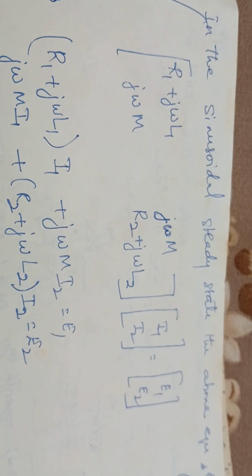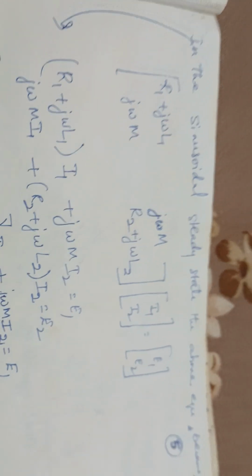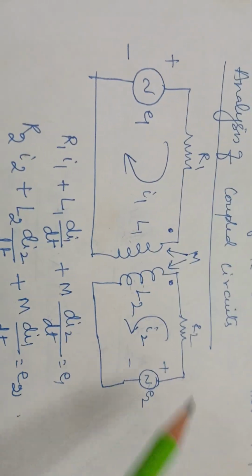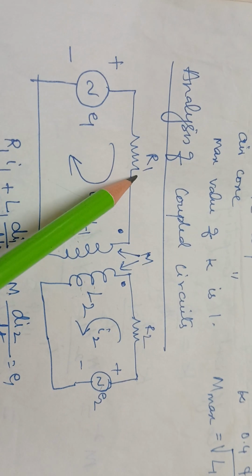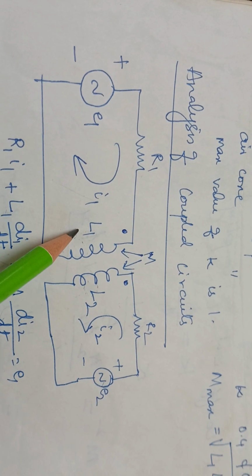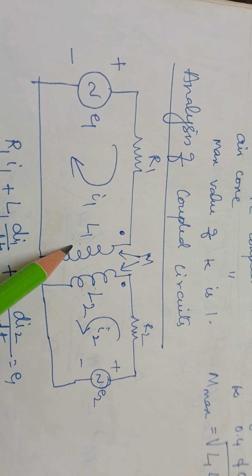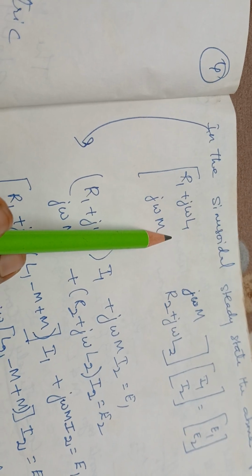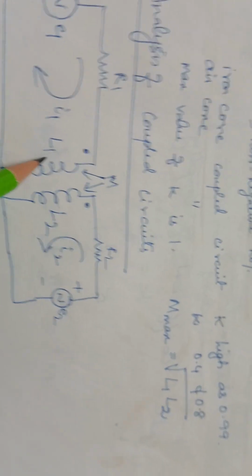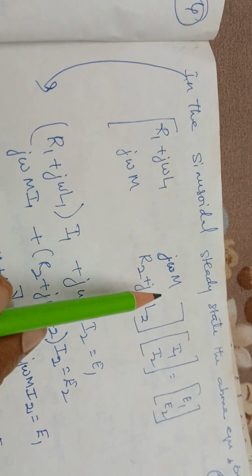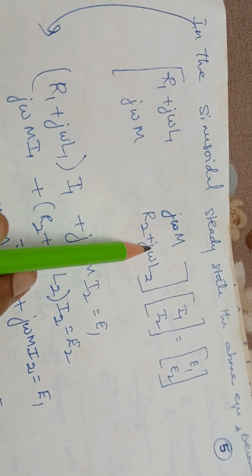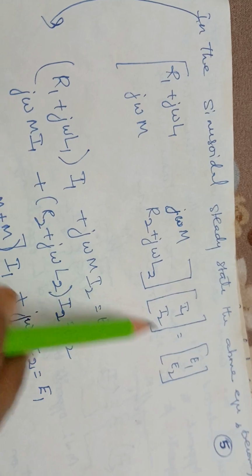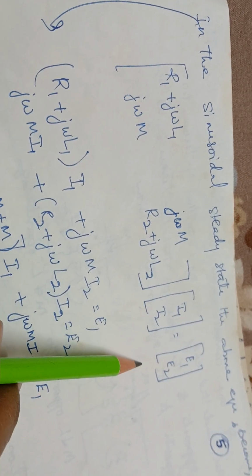By Cramer's method, we can write this as: here it is R1 plus j omega L1, and the mutual inductance here is j omega M, with I1, I2, E1, E2.